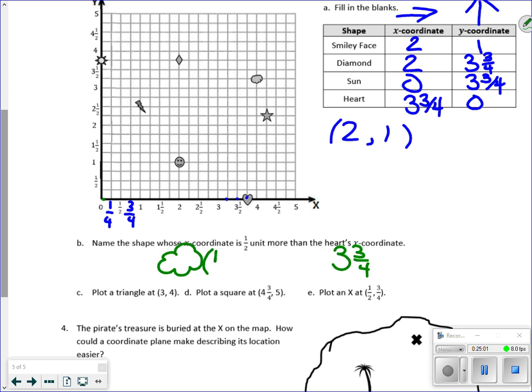Is 4 1/2 more than 3 3/4? Wait, no, it is not. Wait. The star. It's the star, because 1/2 is 2/4. So 1/4 is the cloud. 2/4 is the star.